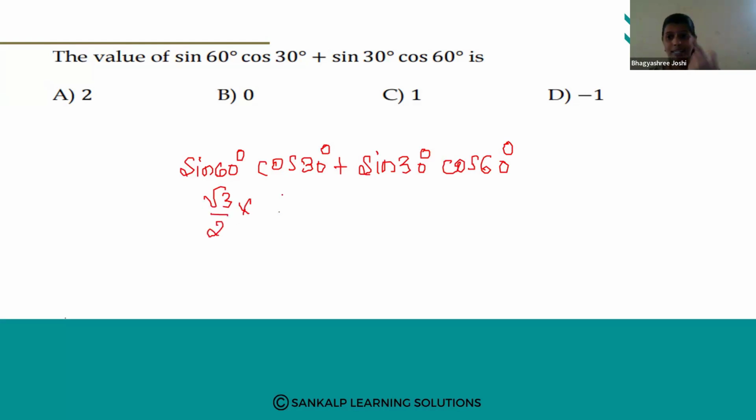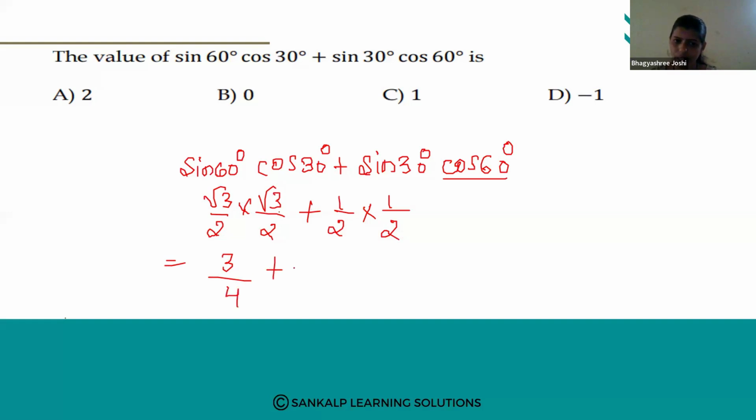Cos 30 degree is also root 3 divided by 2. Sine 30 degree is 1 by 2, cos 60 degree is 1 by 2. Root 3 into root 3 is 3 divided by 2 into 2 which is 4, plus 1 into 1 divided by 2 into 2 which is 4. The denominator is the same, so no need to take LCM. Numerator is 3 plus 1, it is 4 divided by 4. Therefore, the value is 1. Option C is right.